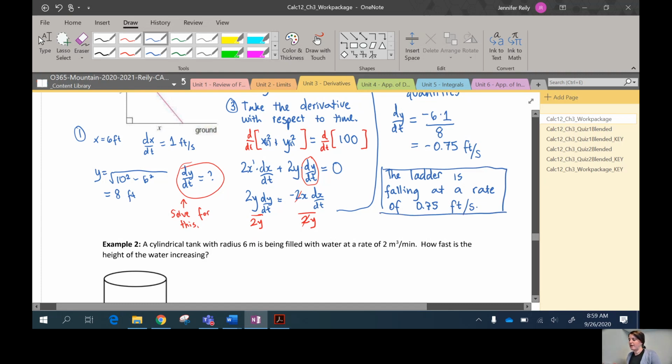Okay, and the fact that you've said falling indicates that that distance is decreasing, so you don't have to use the negative sign in your sentence as long as you indicate that with your words.